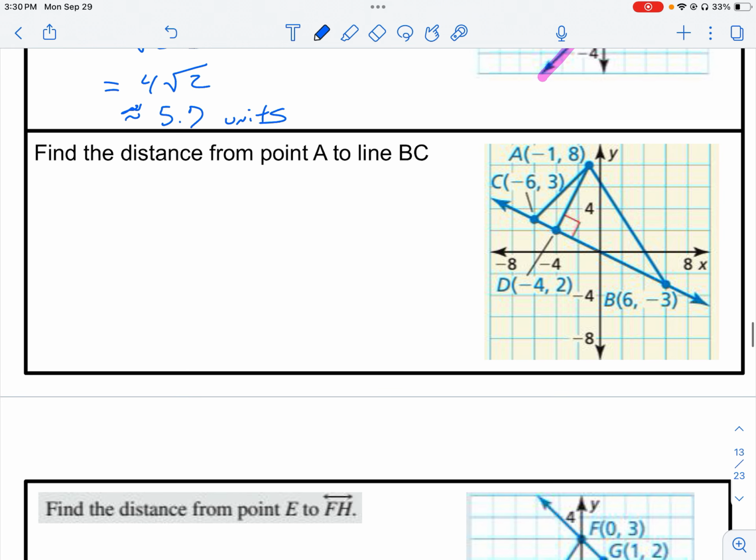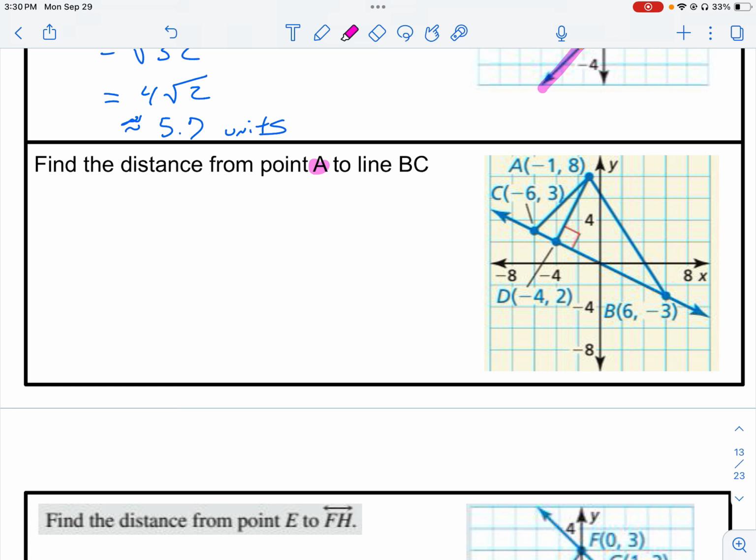Now let's look at another example. Once again, we want to go from point A to line BC. Here's B, here's C. And once again, we need to measure right here at the perpendicular. So we are going to find ourselves AD. Fortunately, we have the distance formula that'll do that for us.